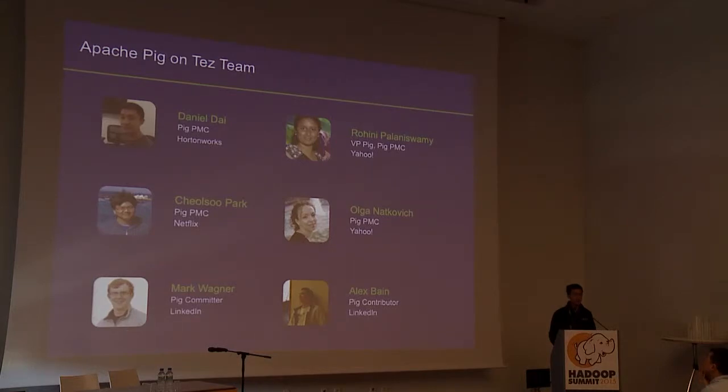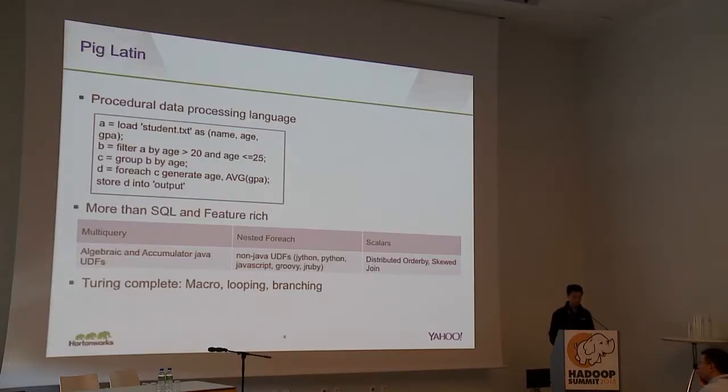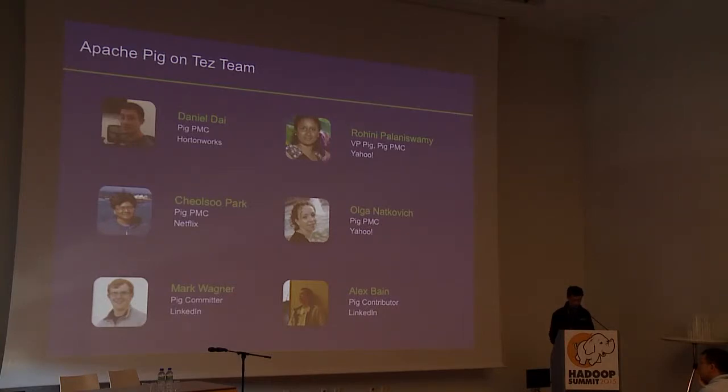So we basically work independently, but in a very coordinated manner. We have a weekly stand-up, and we have sprints. And we use Apache to collaborate. And finally, this model turns out to work very well. And actually, Cheolsoo and Mark gave a talk at last year's ApacheCon just to talk about this model.